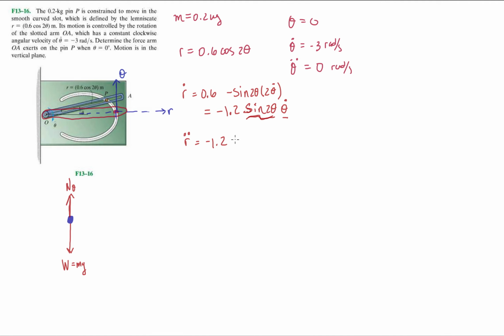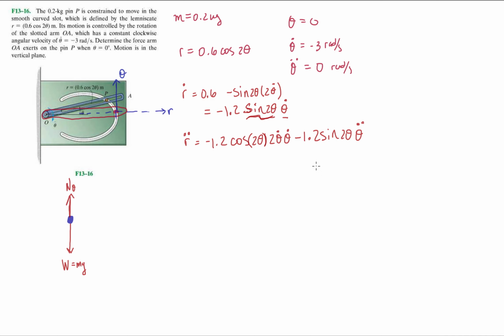So it'll be cosine 2 theta times 2 theta dot, and now times theta dot, plus minus 1.2, leaving that first term alone and evaluating the second term, which is theta double dot.